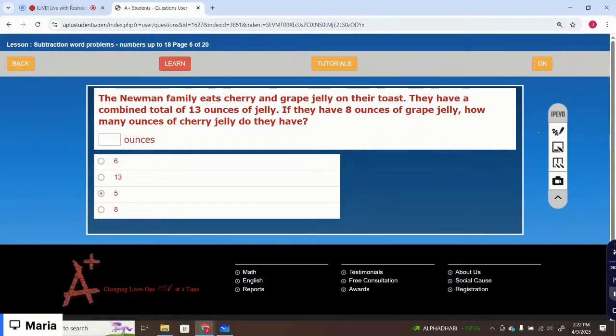So that is 13 take away 8. The correct option is 5. Okay, you can complete the lesson by yourself later today. Let's move on to the next lesson.